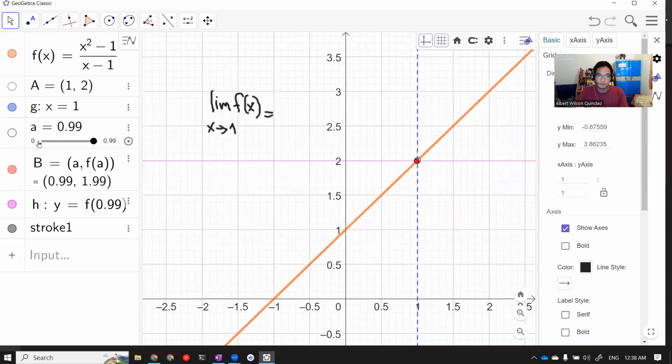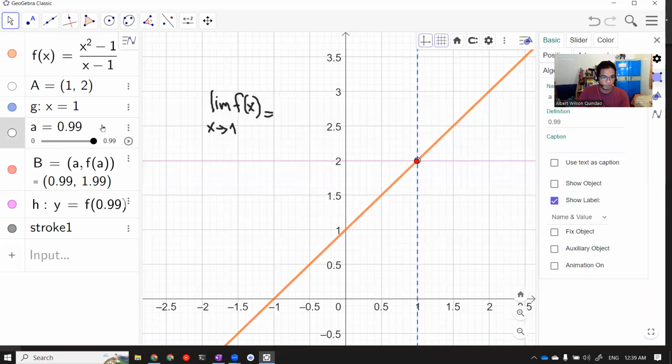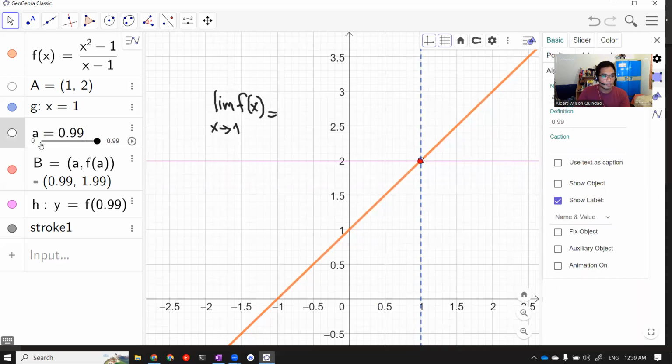So observe naman natin from the positive direction. So start tayo kay number 2. Tapos lalapit tayo kay number 1. Okay. And then, wait lang.